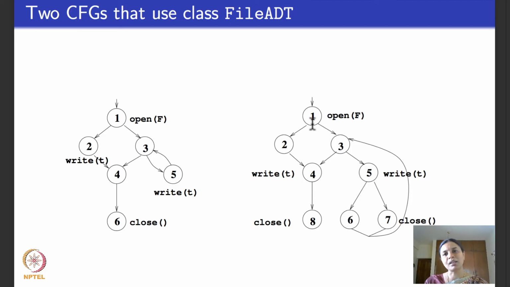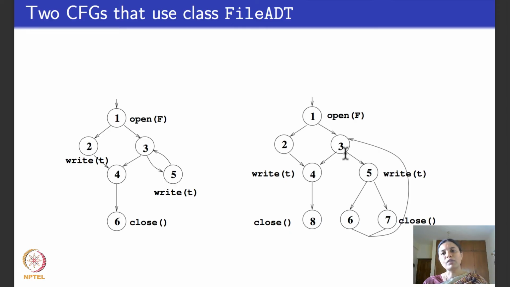Please remember that unless it begins with open, if it directly does a write or a close, it will violate one of the sequencing constraints. So it always begins with open, and then like the earlier code, it can do one write and close the file, or it can write and close several times in a loop, which is this right hand side 3, 5, 7, and get back.